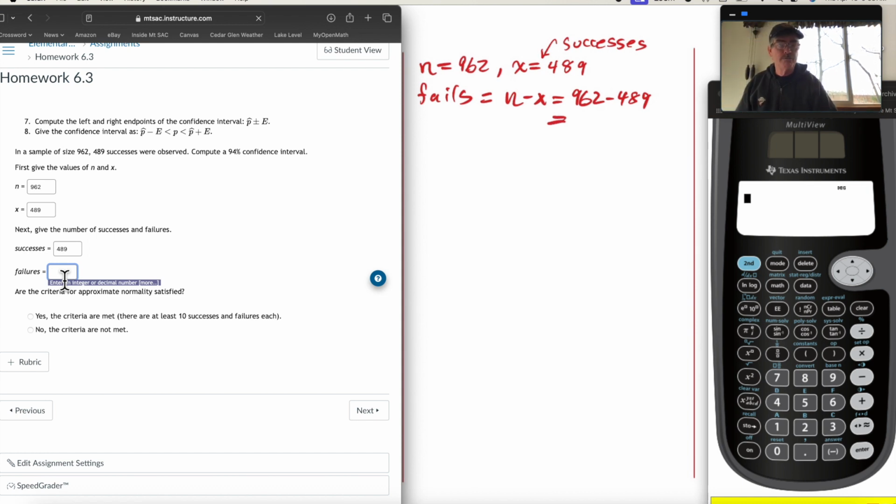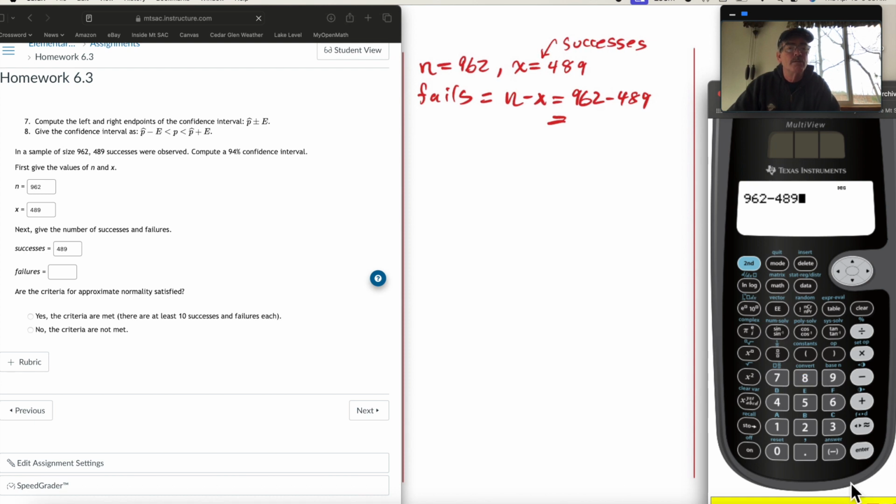So let's check that real quick. Okay, so that is 473. Okay, so both of these need to be at least 10, and of course they're well above 10. So I'm going to be okay there with my check.